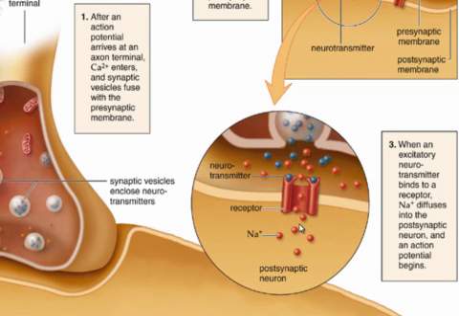And what was it that started this whole process in the last segment? We allowed sodium into the cell. That changed the resting potential across the membrane. If it reached threshold, it initiated an action potential. So if we have enough neurotransmitter on this postsynaptic membrane and we open enough of these neurotransmitter-gated sodium channels, we can initiate an action potential in the postsynaptic neuron as well.